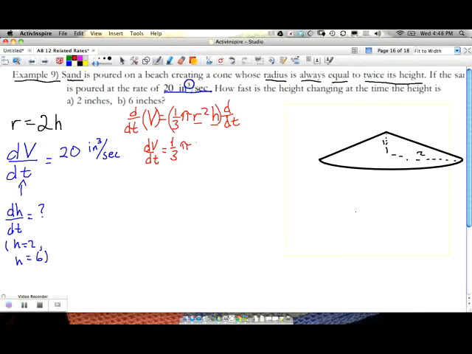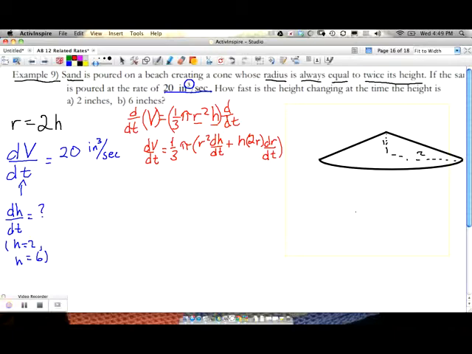So r squared times the derivative of h is going to be dh dt, plus, now we're doing the other way around, h times the derivative of the r squared, which would be 2r, and then dr dt.